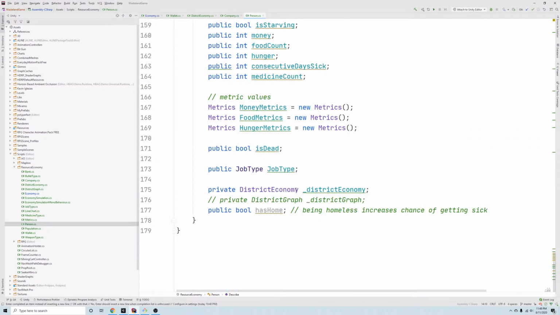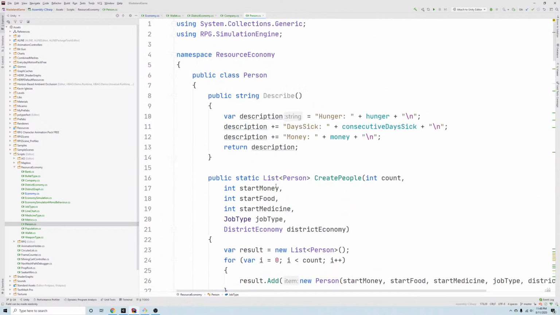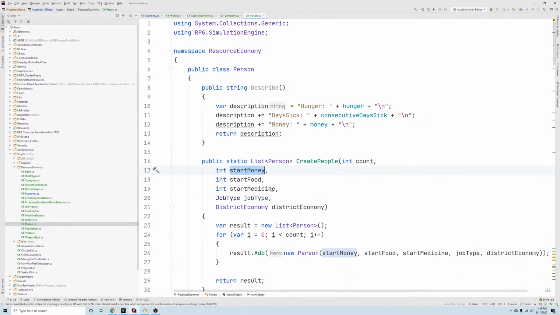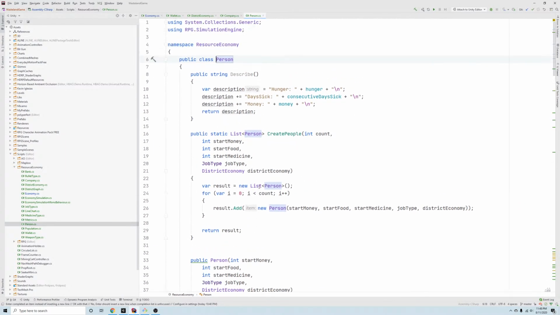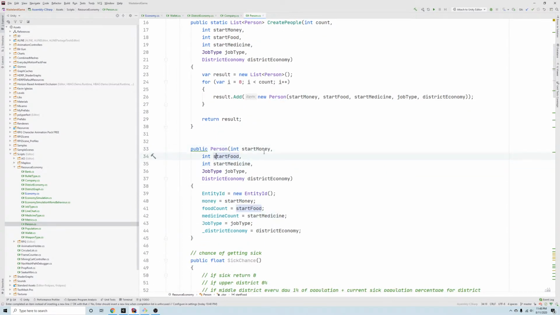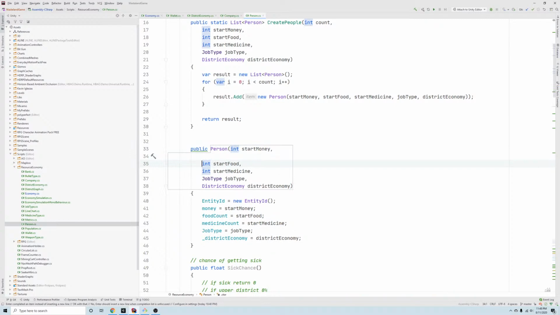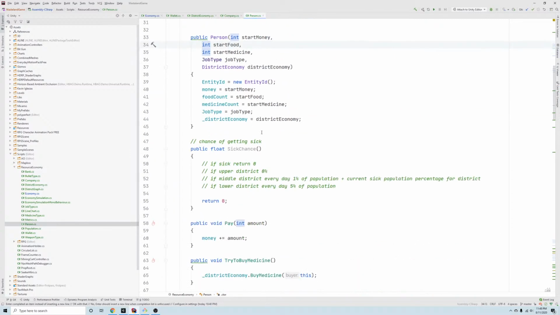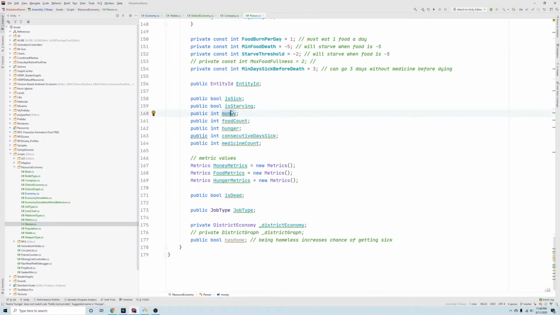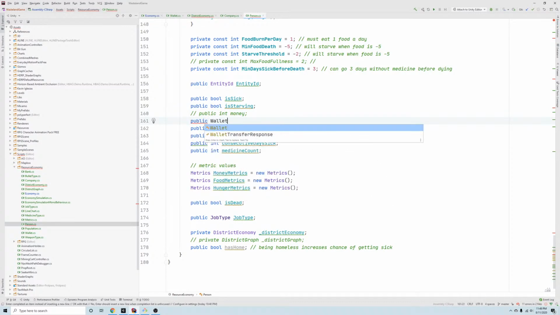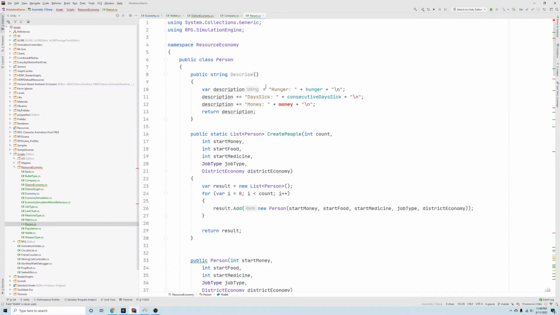But I need to remove this money variable from a person, and instead use a wallet here.